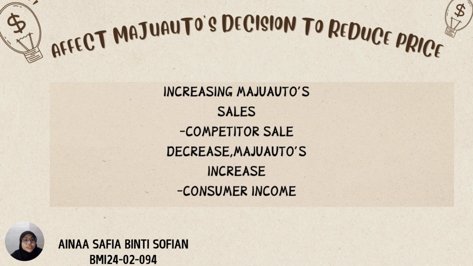The sales and demand also depend on consumer income. Customers with higher income will be less responsive to the price reduction that Maju Auto made. But consumers with low income will be more sensitive to price and will choose Maju Auto over the competitors. So that's all for me. Thank you.